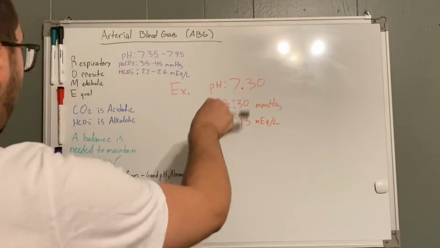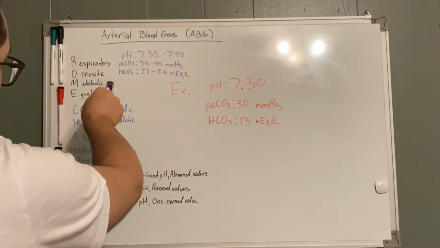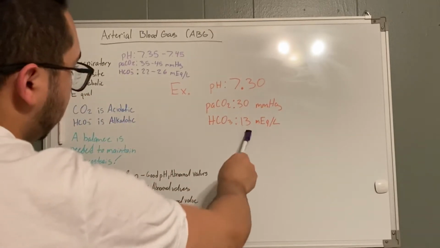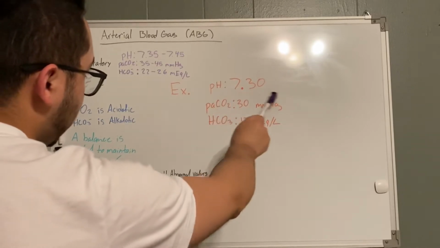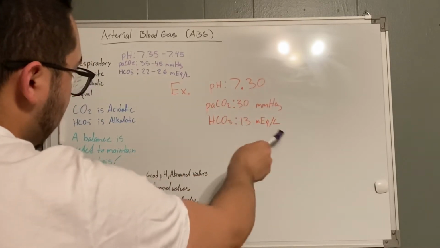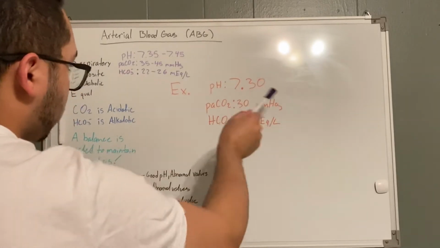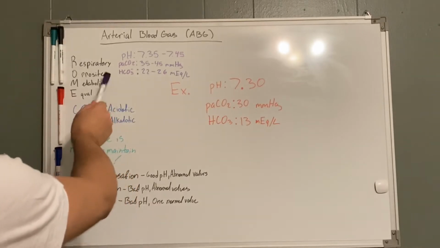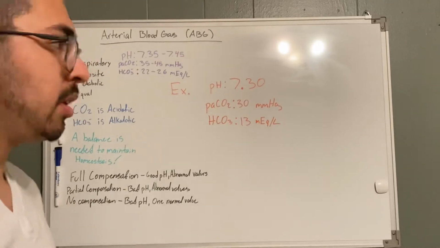So this is where ROME comes into play. Metabolic equal. Look at the metabolic, the bicarbonate. It's low. The pH is low. You see how they're equal? Low, low, that's equal. So boom, right there. That's our M and our E. That tells us that it's a metabolic issue.